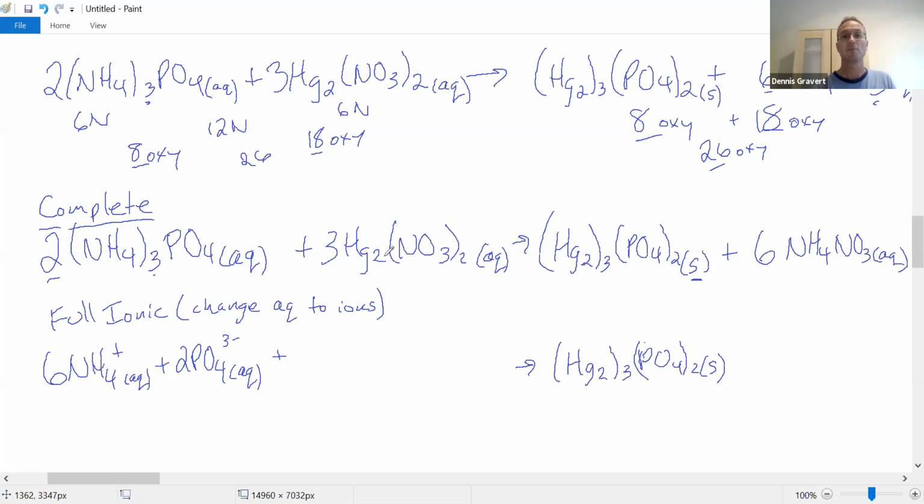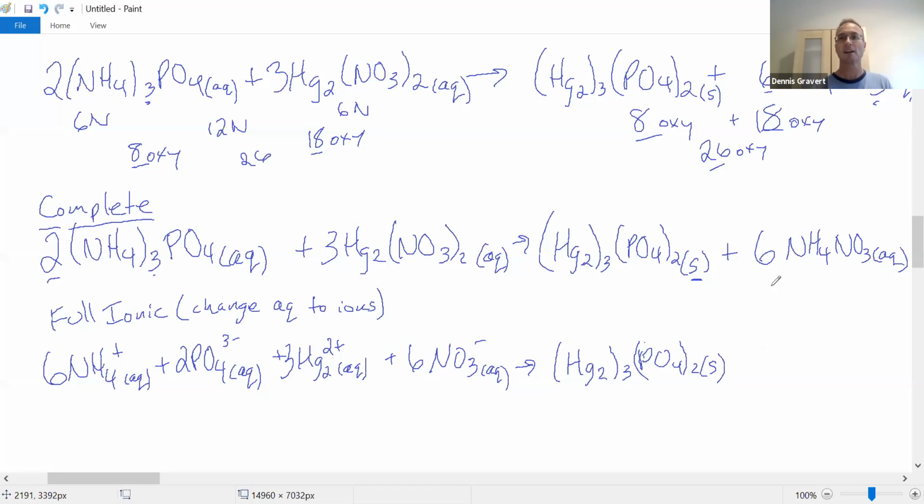Cool, we just converted the first molecule into the set of ions. What do we have here? We have mercury I nitrate. It's aqueous, so start separating cations from anions. Mercury, it's one of those polyatomic ions, so there are 2 mercury atoms together making a 2 plus charge, aqueous. And it's a total of 3. I'll squeeze it in right there. Nitrate, there's 2 of the nitrates, but 3 of the molecules, that's 6 again. Cool.